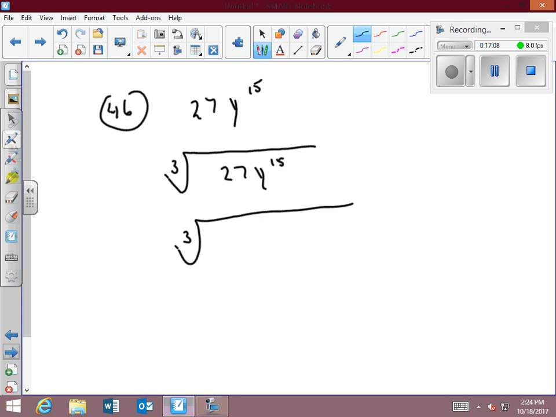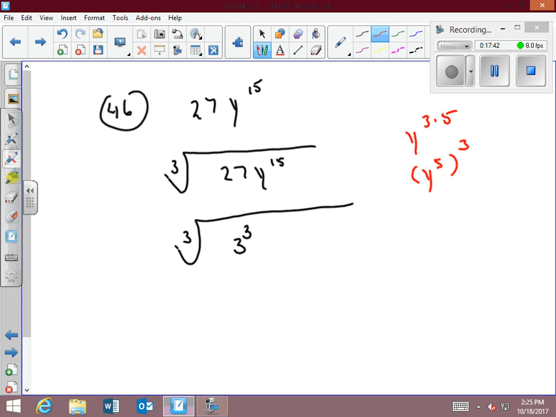It's 3 cubed, isn't it? 27 is 3 cubed. Now can you write y to the 15th as a cube? Oh, look, you can write 15 as 3 times 5, and then this is y to the 5th cubed, right? Isn't that right?